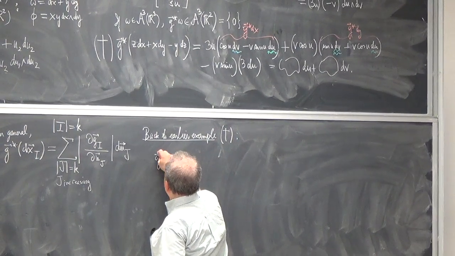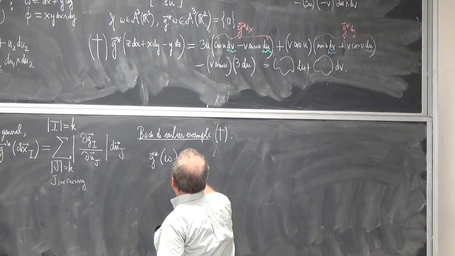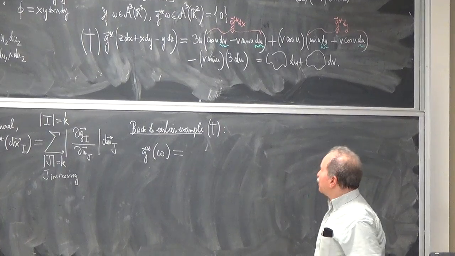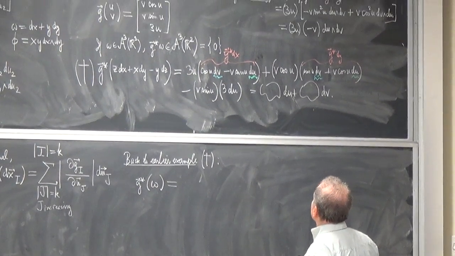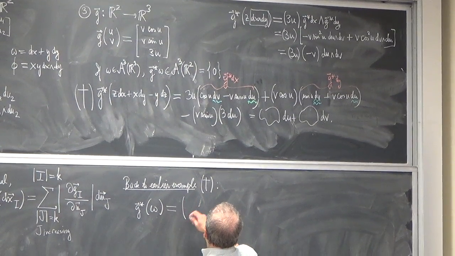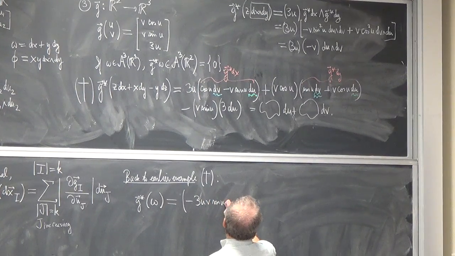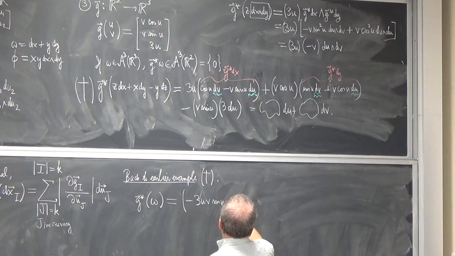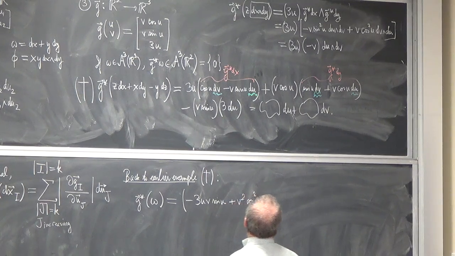We had the pullback of this 1-form omega, which I won't write out again at the moment, was some mess of du's and dv's. Well, I'm actually going to collect terms for the moment. How many du's have I got? I've got minus 3uv sine u plus v squared cosine squared u, following me?